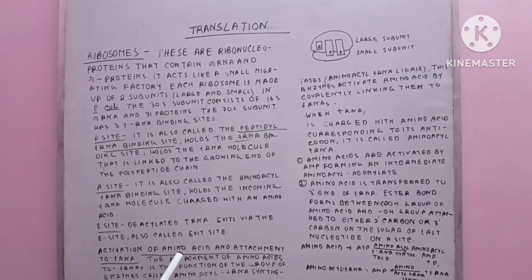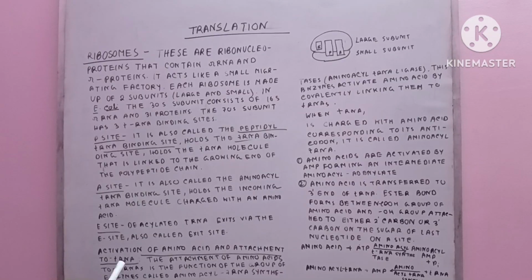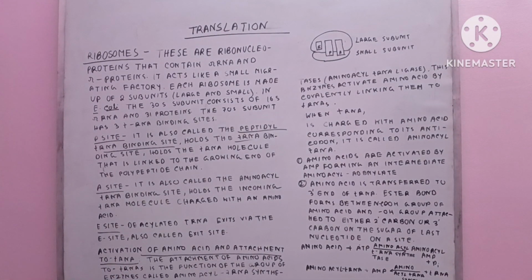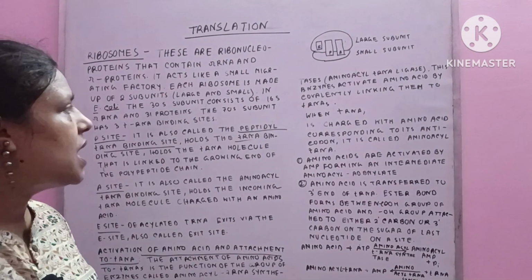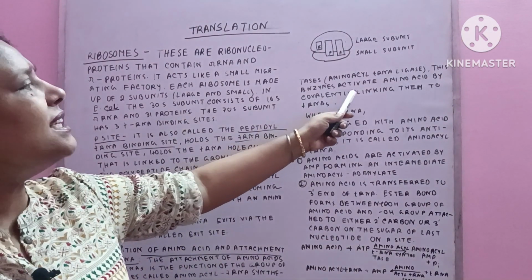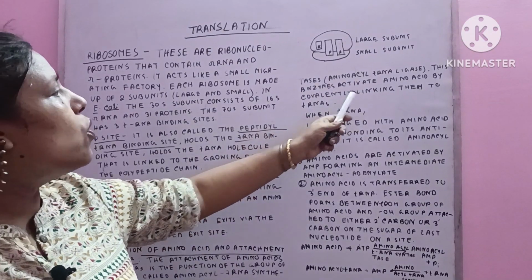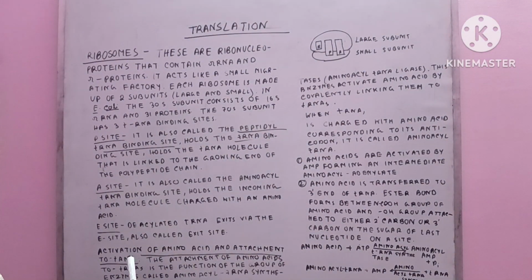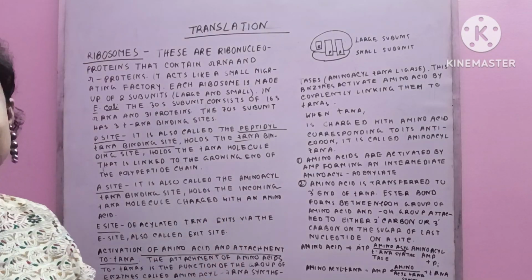That means the attachment of the amino acid with the tRNA is possible due to the presence of these synthetases. These enzymes are very important, and they form a covalent bond between the tRNA and the amino acid.